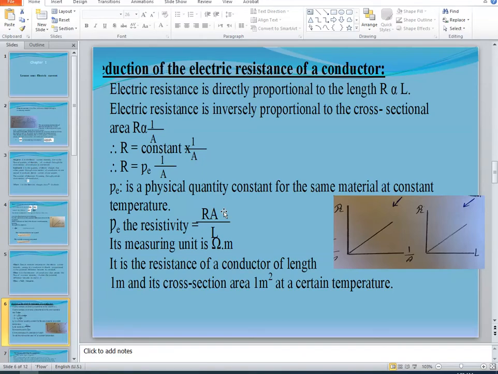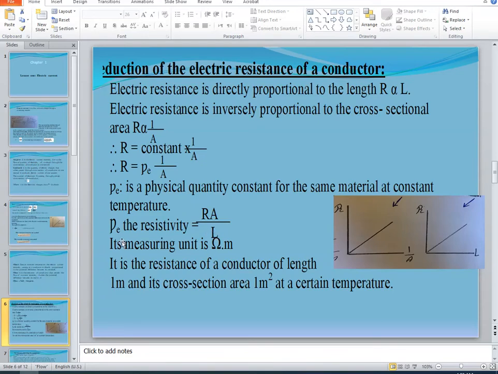Okay, and from this law we can put a definition for the resistivity. What is the definition of resistivity from this law? Here rho E equals R A over L. So the resistivity is the ohmic resistance of the conductor if its cross-section area equals 1 meter squared and its length equals 1 meter.